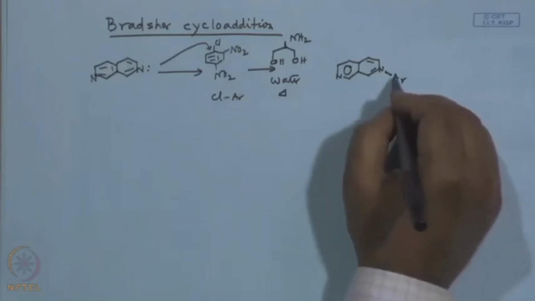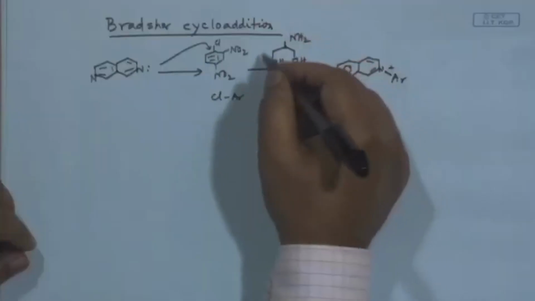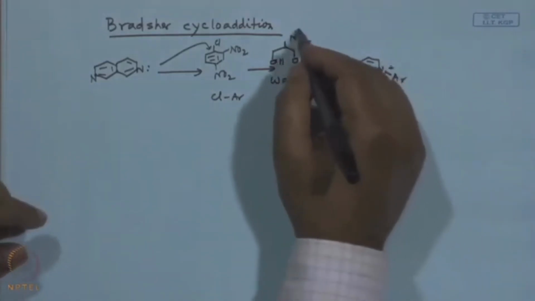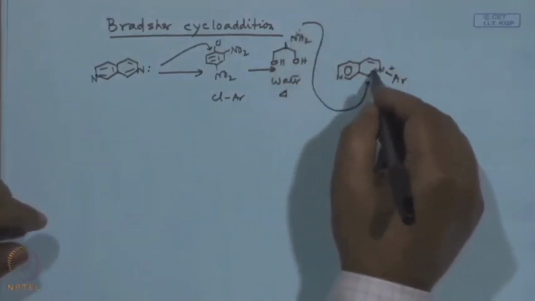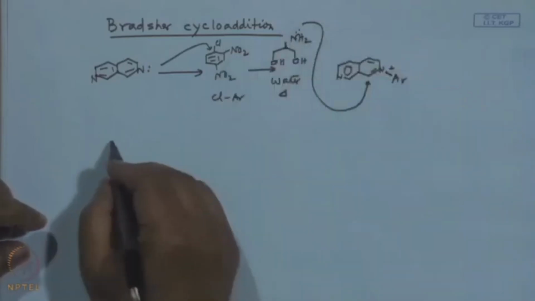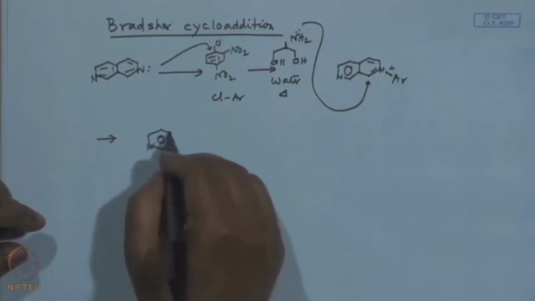What next? The Zincke salt undergoes ring opening, if you recall. Now you have the substrate here, and between the amino and OH, all of us know which one is more nucleophilic. Amino is more nucleophilic, so it will undergo nucleophilic opening and then recyclization. Eventually what you will get is this one.